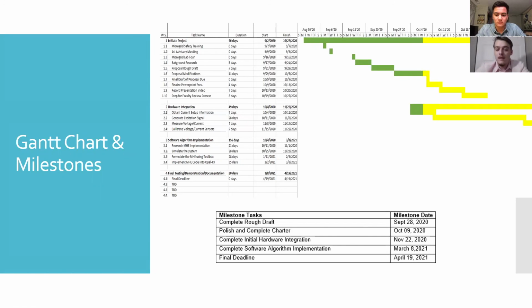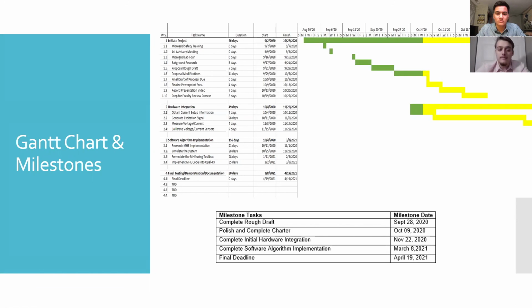In practice, this hardware and software will be developed in tandem, but for the purposes of keeping us organized, we will be using a due date on the initial hardware integration side of November 22nd, right before Thanksgiving break. We hope to be done being able to send an excitation signal to the inverter and communicate through that CAN bus.